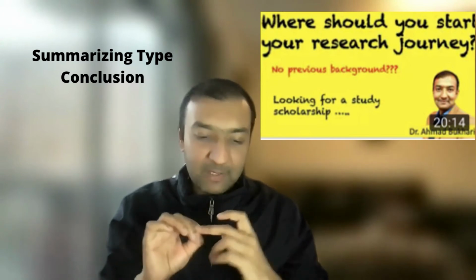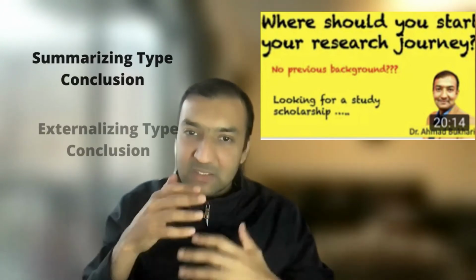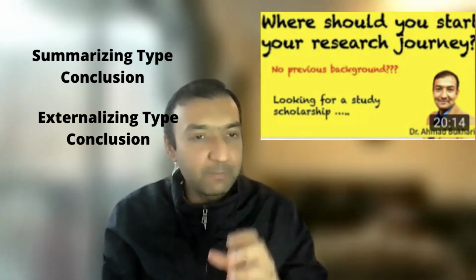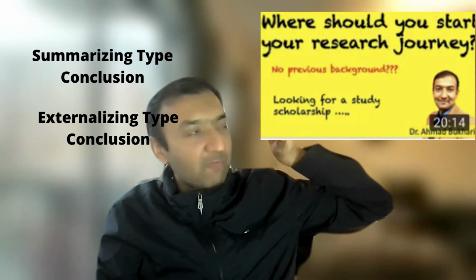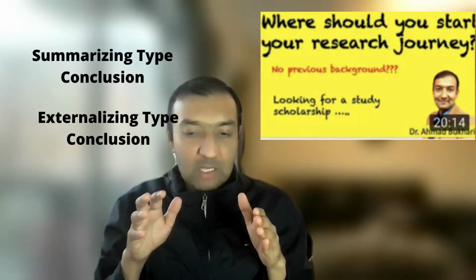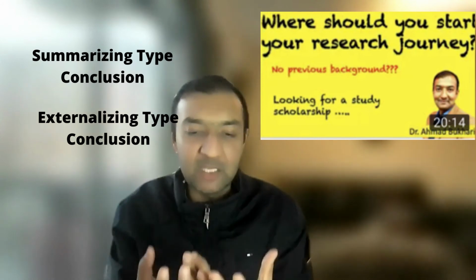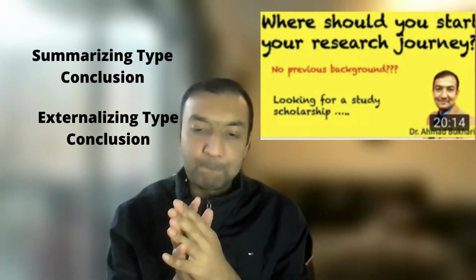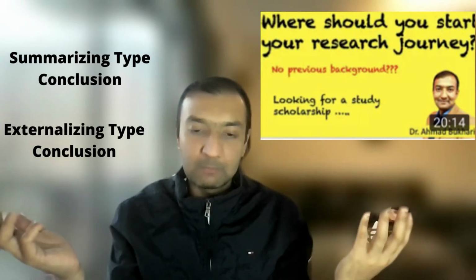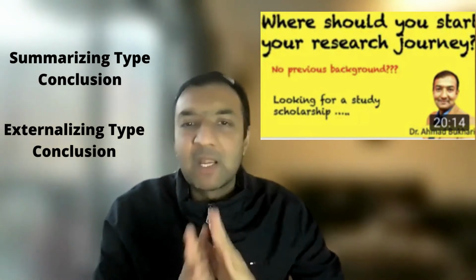Now the second type is the externalizing type, where you are giving a hook idea for people to work on a futuristic point. Say you are working on an algorithm or technique to make a good vaccine, for example, this mRNA vaccine.